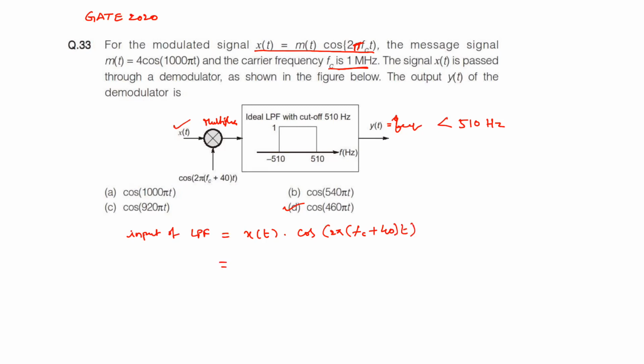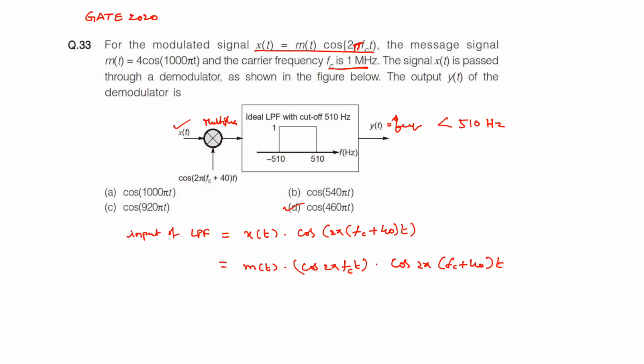Next, x of t is already given, which is m of t multiplied by cos 2 pi fc t, multiplied by cos 2 pi (fc plus 40) t. So next, you can use a known formula.